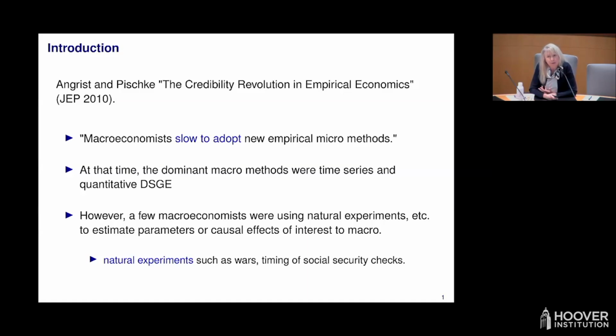There were a few macroeconomists for many decades that used natural experiments, which was an applied micro technique, to estimate parameters or causal effects. So, of course, people have used natural experiments such as wars, also hyperinflations, timing of social security checks, a variety of things like that. Why do you call wars natural experiments?